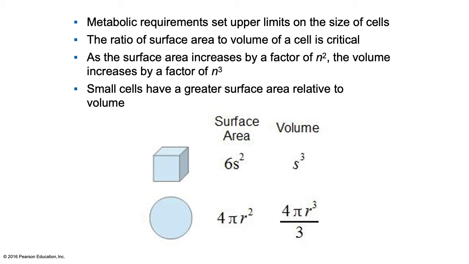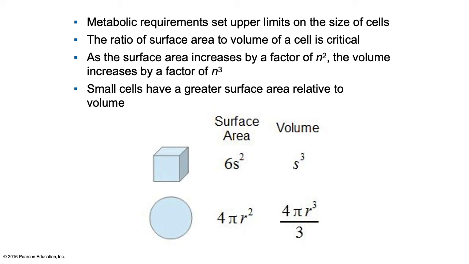If you look at these formulas here, you could imagine a cell as a cube or a sphere. The reason that volume increases more quickly than surface area is that volume is either the radius or the length of the side cubed, while surface area is either the radius or the length of the side squared times another number.